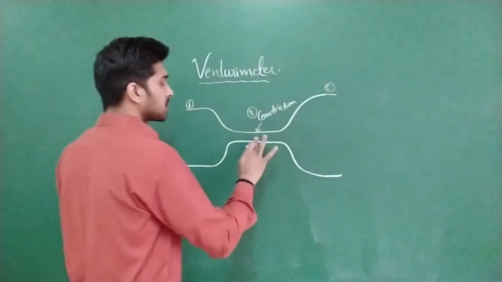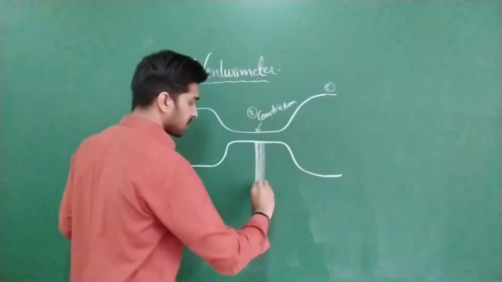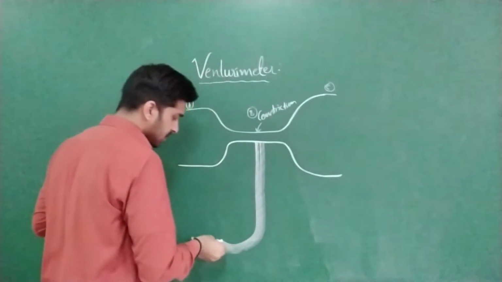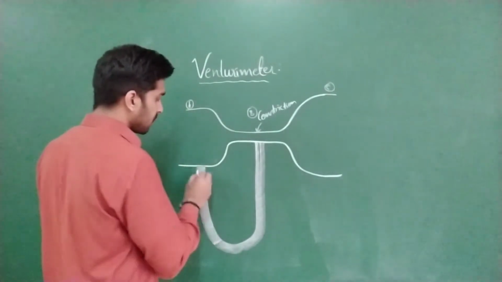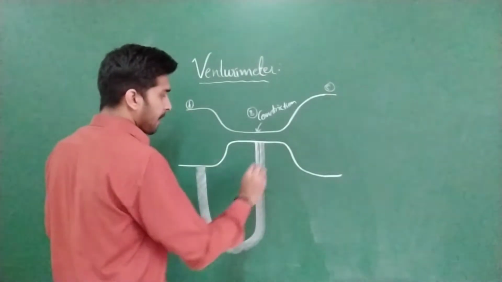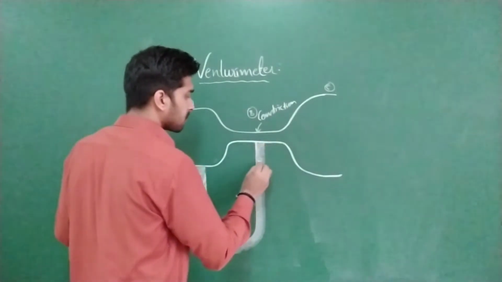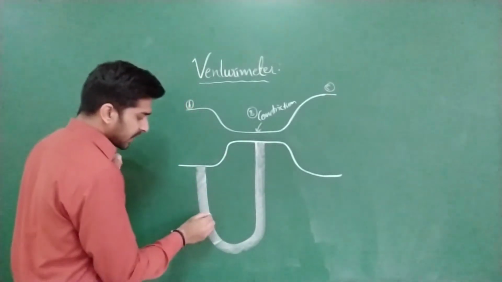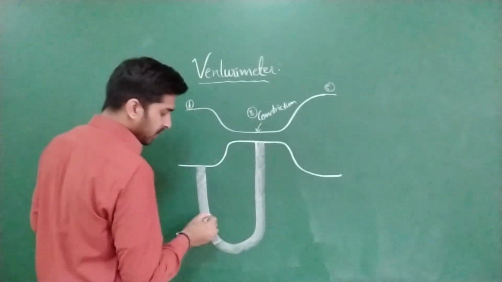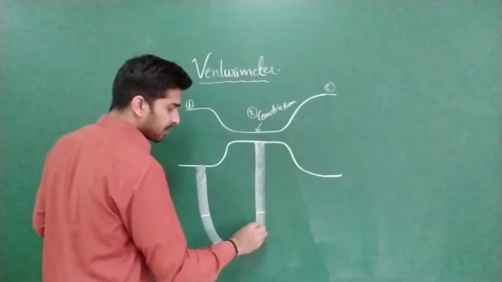From this constriction, one pipe is connected in a U-shaped manner, a tube connected in this shape. Inside it, a different liquid will be present.